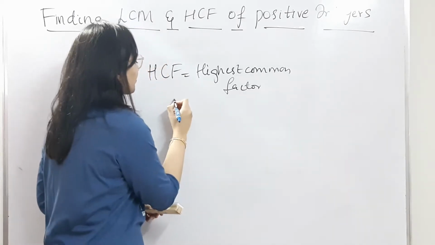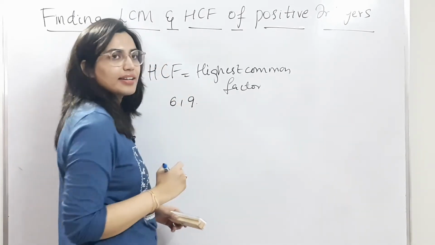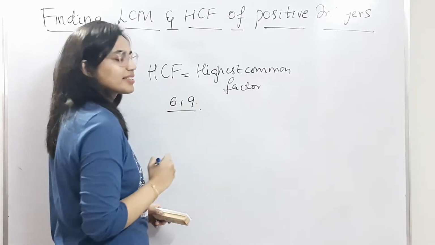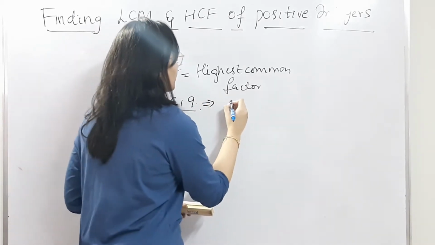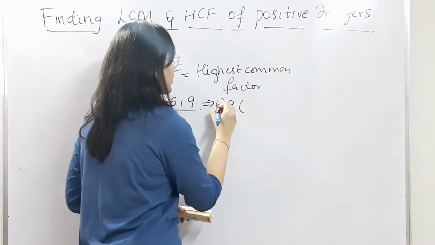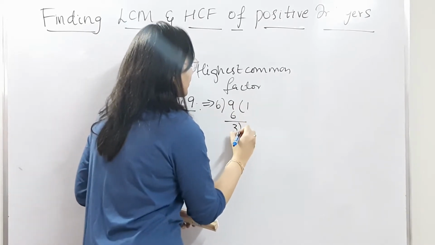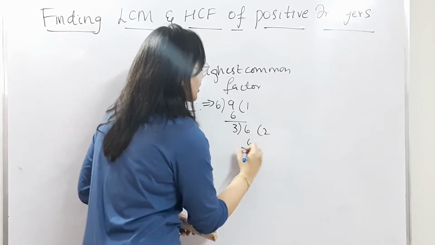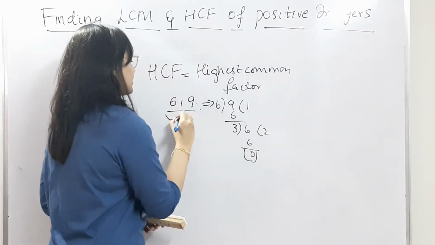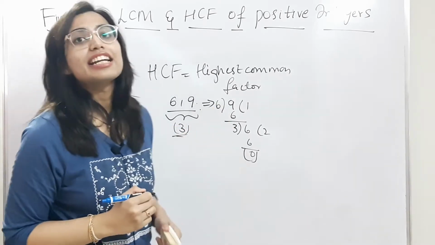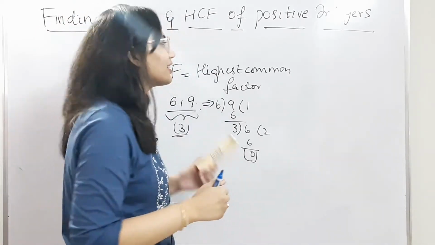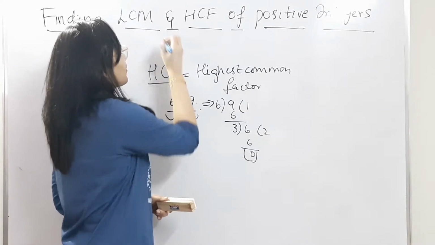For example, if we take 6 and 9, in order to find the HCF by division method, we'll say 9 is divided by 6, we get 1 and remainder 3. Then 6 divided by 3 gives 2 and remainder 0. So we can say that the HCF of 6 and 9 is 3. This I have done using the division method. In general, there are two ways to find the HCF or LCM.